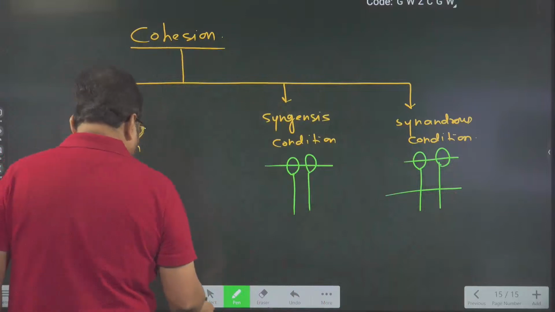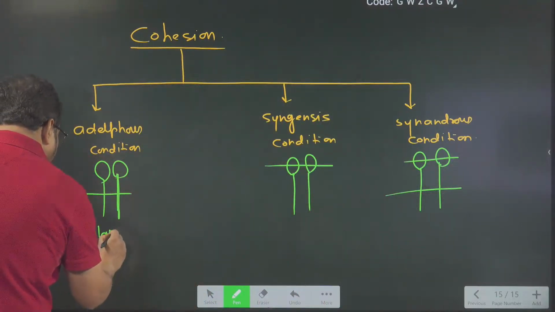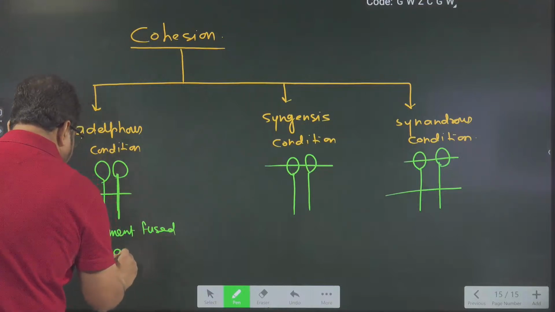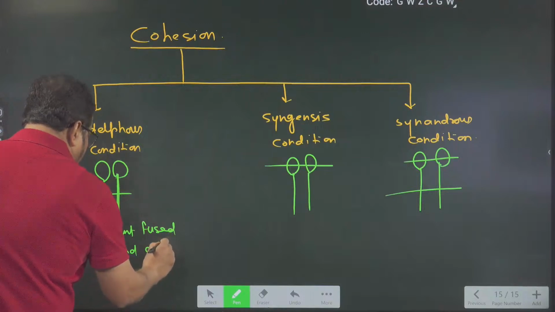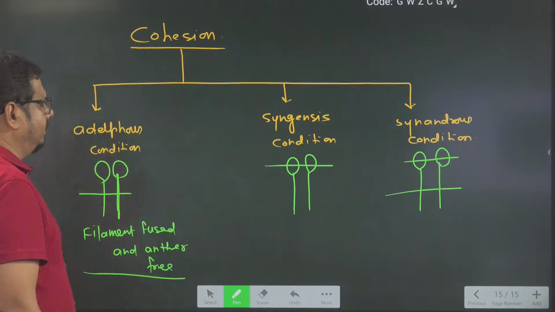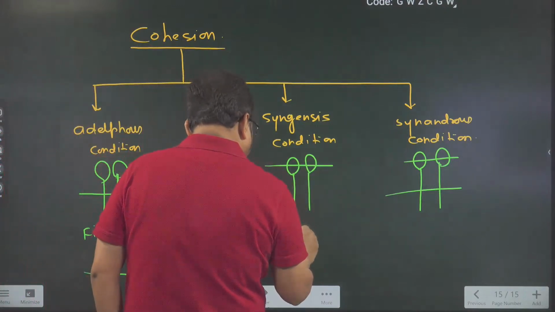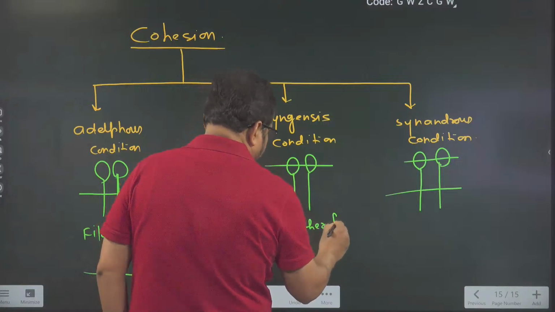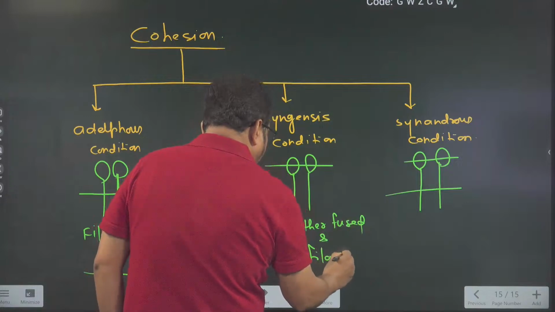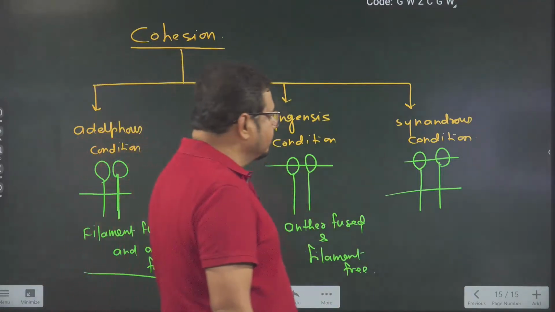So in adelphous condition, what are we finding? Filaments fused and anthers free. That condition is called adelphous condition. Syngenesious condition, opposite: anthers fused and filaments free. This is called syngenesious condition.